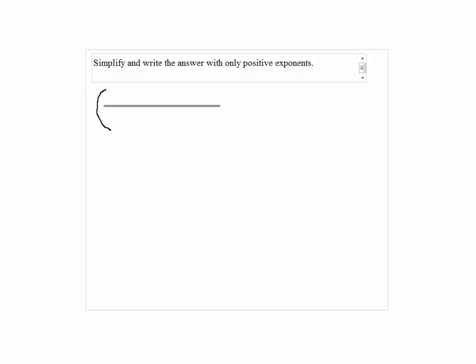Simplify and write the answer with the positive exponents. At the top of the fraction we have 4a to the power of minus 2, b to the power of minus 5, c to the power of 5.